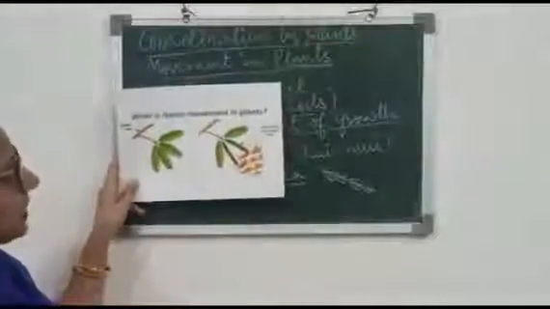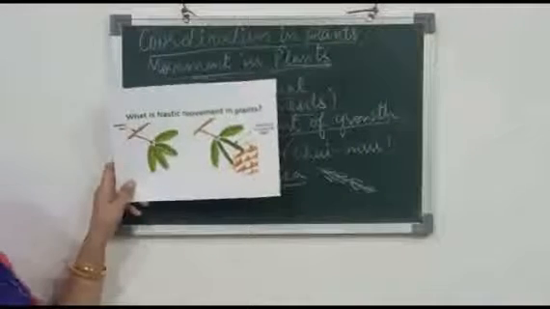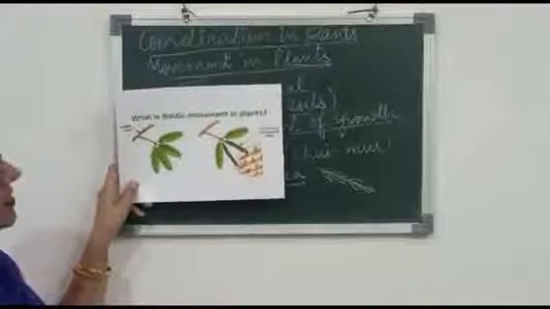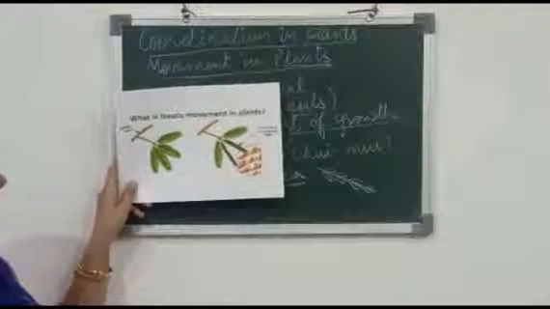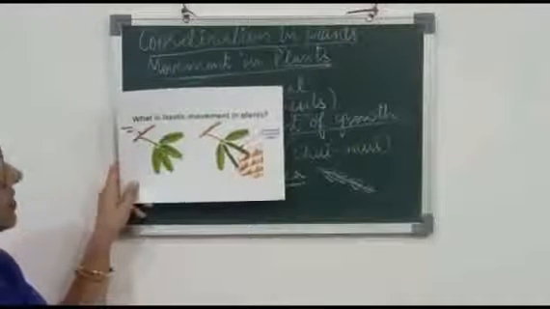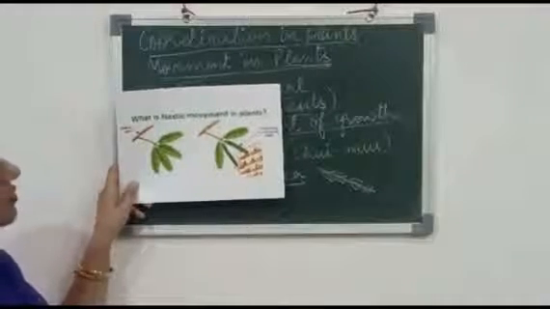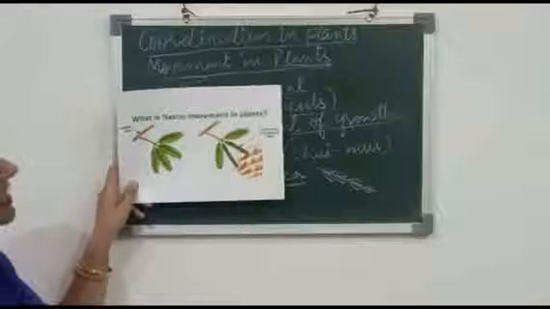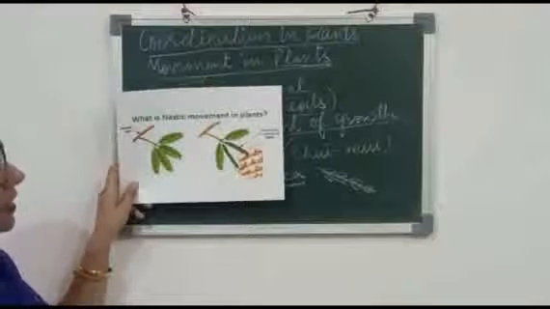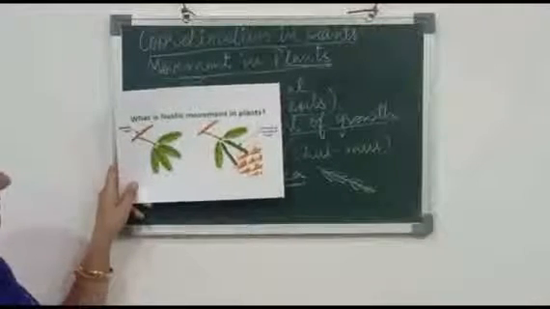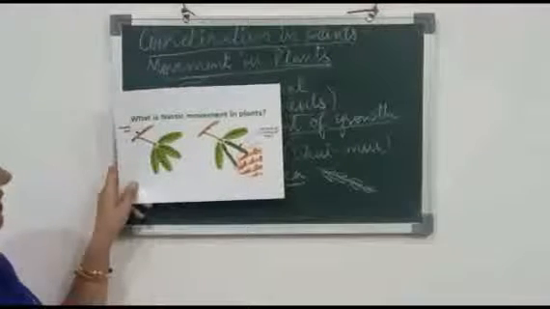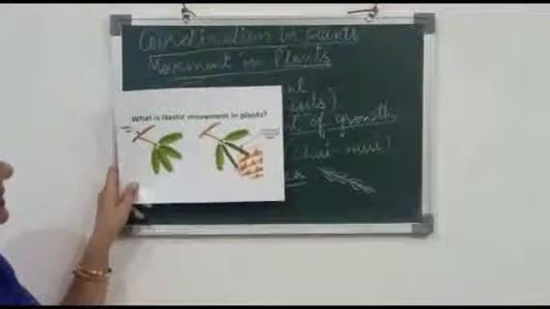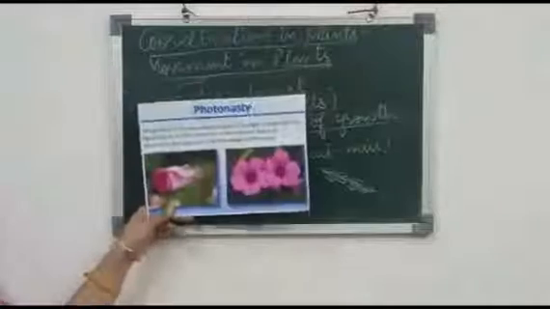What is happening? Actually the shape of the cells is changed due to change in turgor pressure. Here no growth is seen in the direction of the stimulus. Only the leaves are drooping down. So it is known as nastic movement, and it is independent of growth.